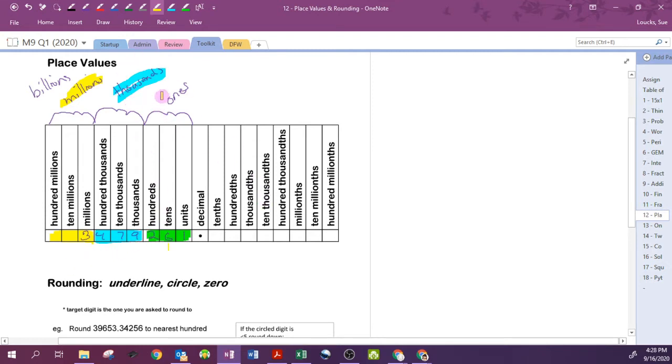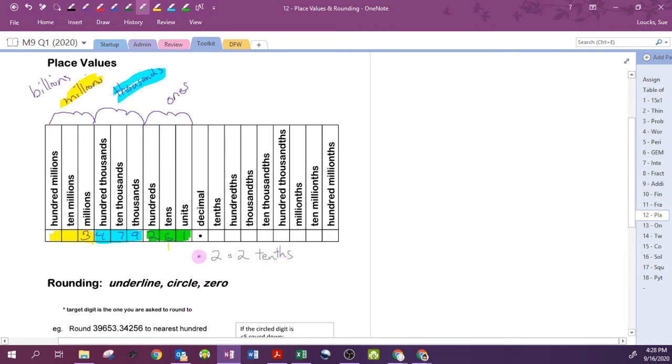On the other side of the decimal, we have the ths. Okay, so it's the parts of. So the first one is tenths. So if I have 0.2, that is 2 tenths. Okay.